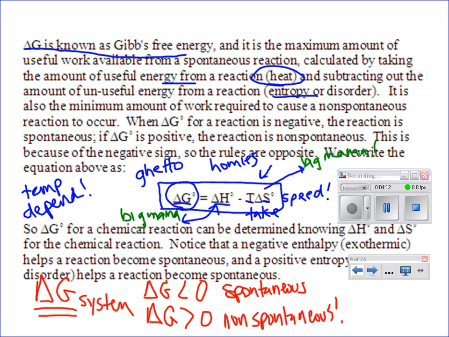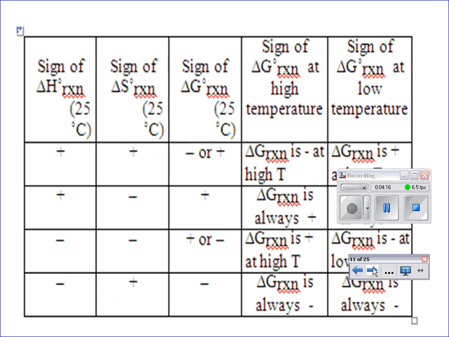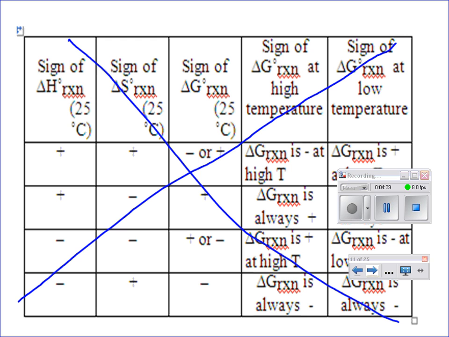Okay, so let's just do a little bit of practice with this. I need your calculators out. I need y'all to be fast. Now, I'm actually lying. We're not going to calculate. I'm going to take a look at this table, but this table is really confusing, so I want you to do this to the table. And underneath your chart in your notes, you've got a blank sheet. We're going to make our own table, and it's going to make a lot more sense. And what is this table for?